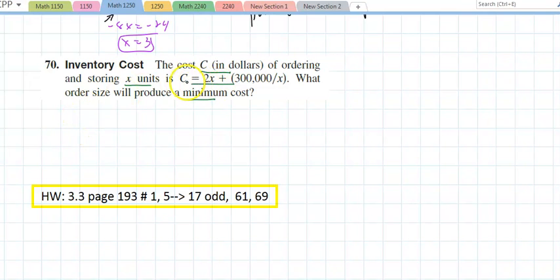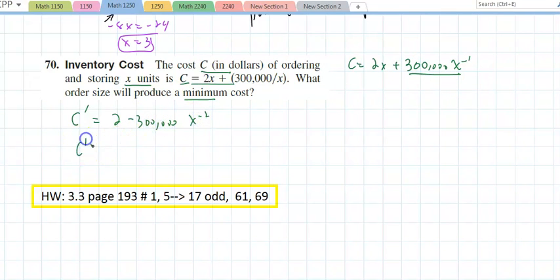Well, if that's the cost function, that's where the derivative equals 0 or is undefined. Now I'm going to write C as 2x plus 300,000 x to the negative 1. This way you avoid using the quotient rule. Here you bring the power down, subtract 1 from the power, and that makes this equal 2 minus 300,000 over x squared.